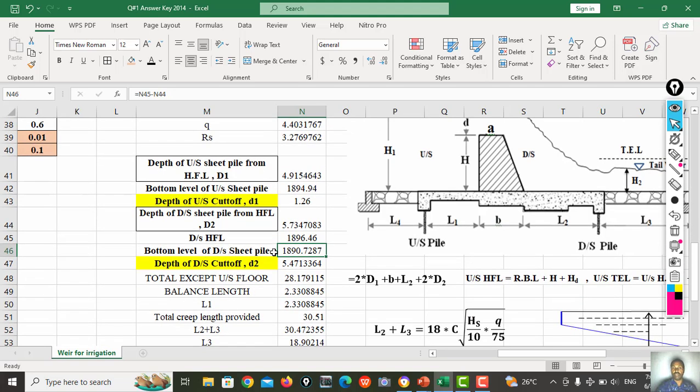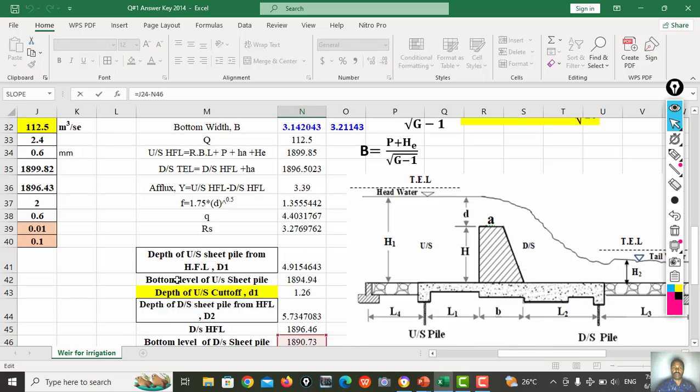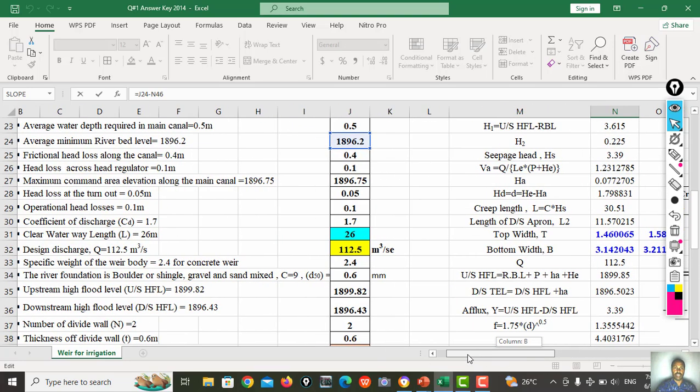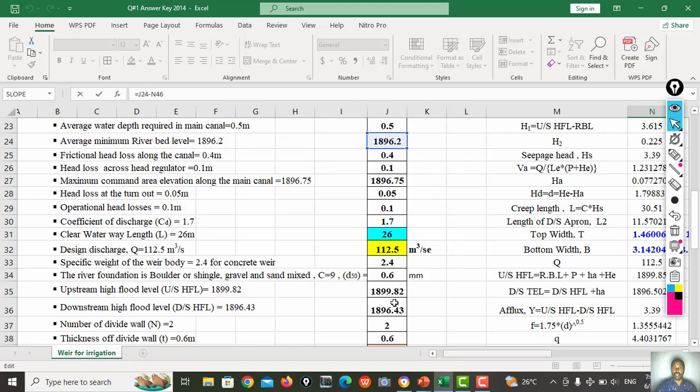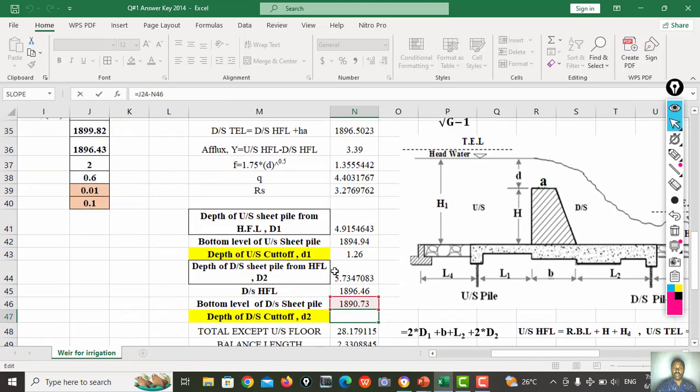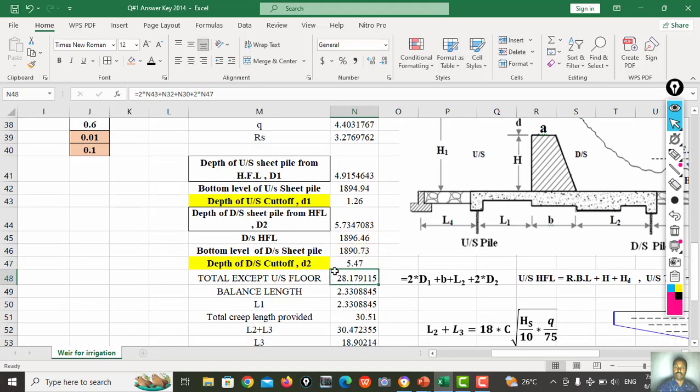And for the bottom level of the downstream sheet pile, again you subtract the depth from downstream HFL, and the bottom level will be found. Then finally, the depth of downstream cutoff, you can get by subtracting this value from the average minimum river bed level, which is this one. If you subtract, you will find the result.